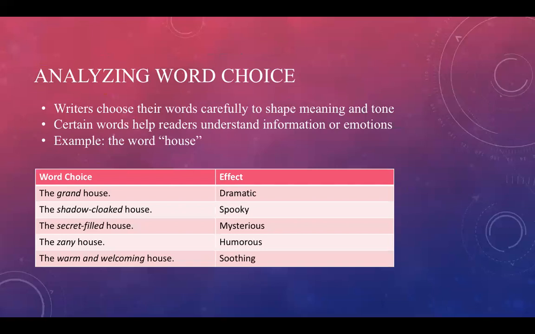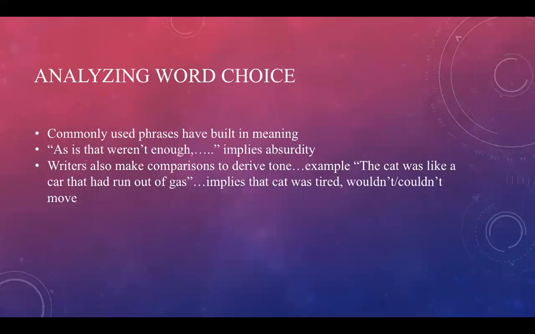So we're still looking at the word house, but how the author frames their words or chooses the words that surround the main idea really changes the effect or the tone of what is trying to be expressed through the article or the passage.